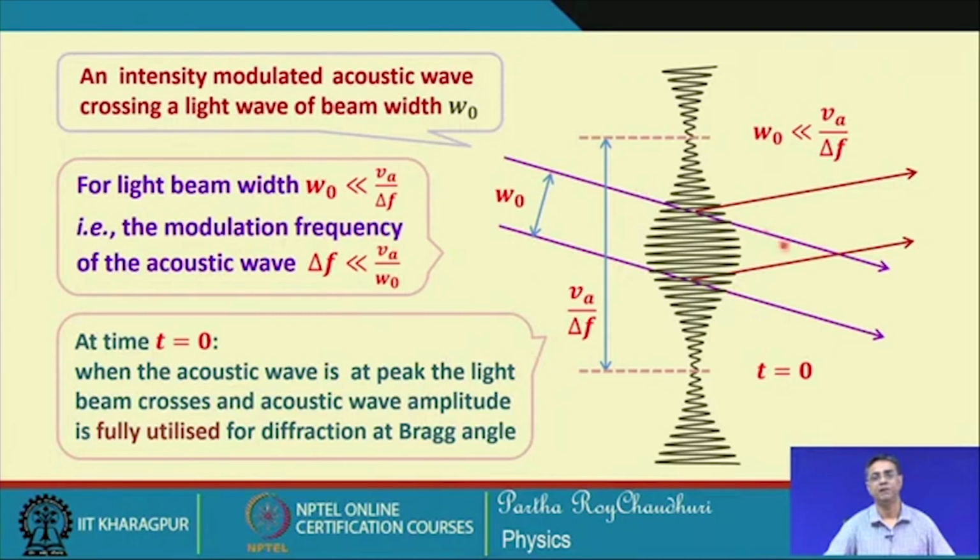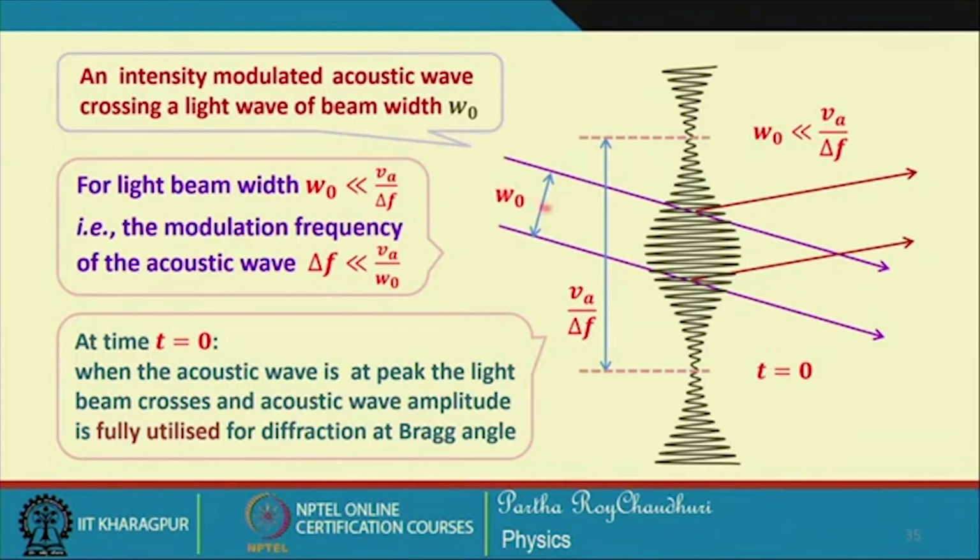This is the width of the light beam, and we consider the situation that this light beam width W0 is much less compared to the width from the minimum to the minimum of the acoustic wave under modulation condition, which is given by V_A by delta f, because this is the separation of this gap, minimum to minimum, V_A by delta f.